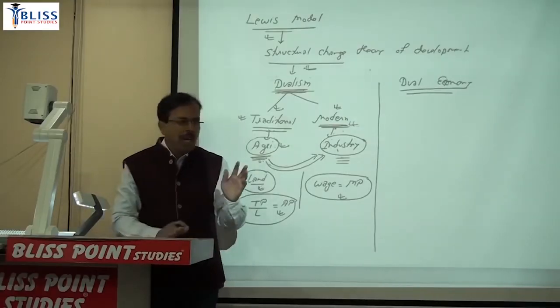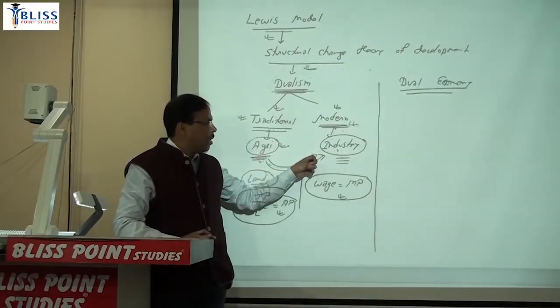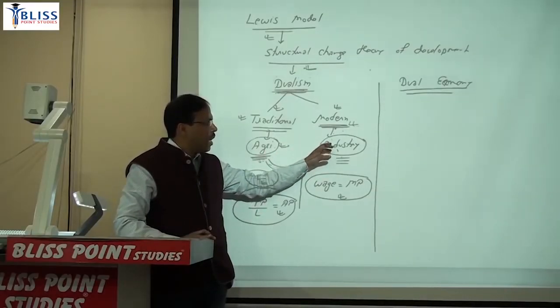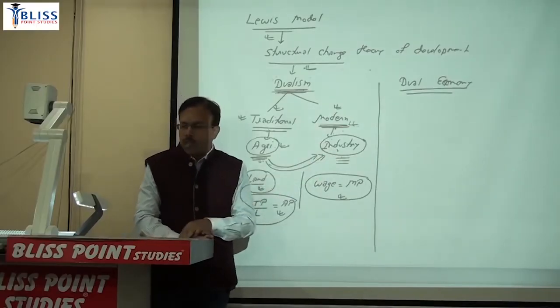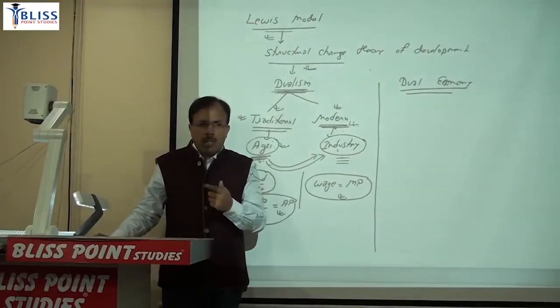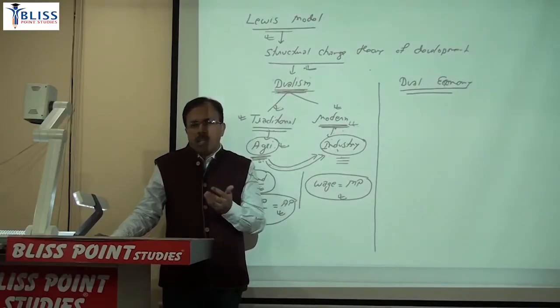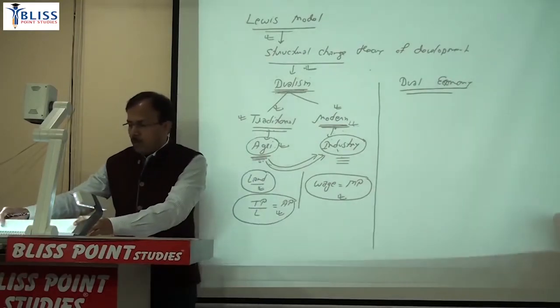So from agriculture, labor is supplied and industry absorbs them. How much labor industry can absorb depends upon their capacity to absorb, and that depends upon their own capital accumulation. So when industry accumulates more capital, their ability to absorb labor increases, and then only they can hire or employ more workers. So in that context we have to explain this model.